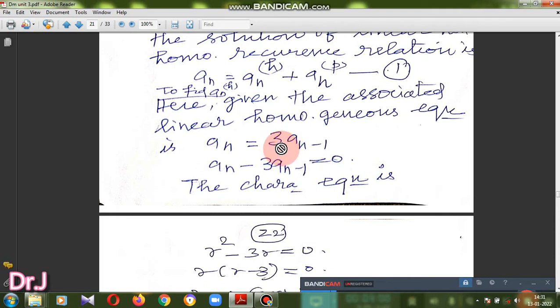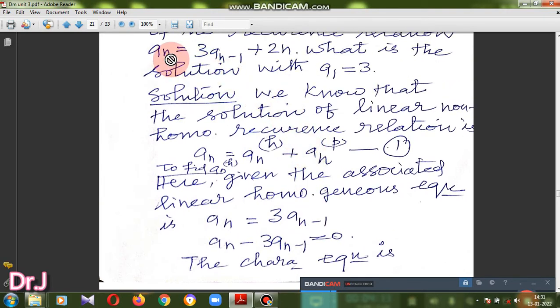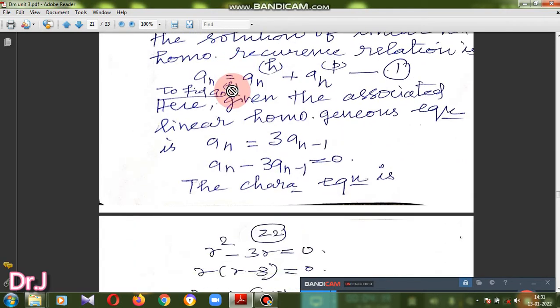Now let us find the characteristic equation of this homogeneous linear equation. a_n equals 3a_(n-1). You bring this side, you'll have a_n minus 3a_(n-1) equals 0.